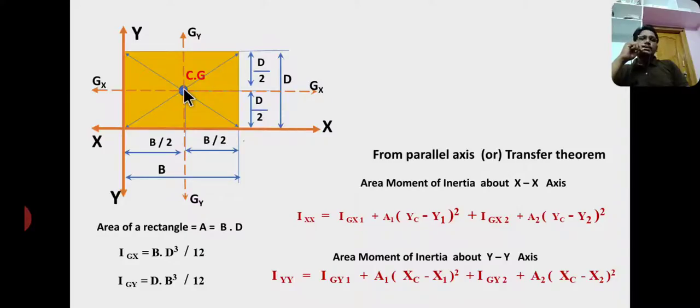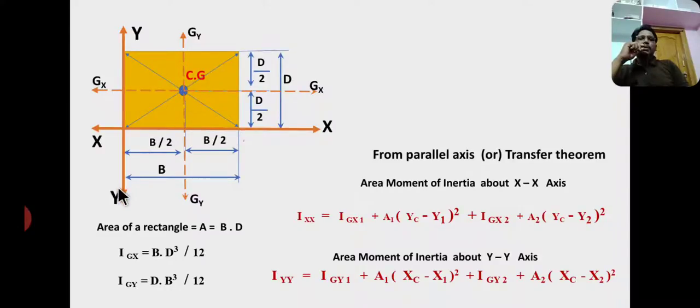This intersecting point is called the centroid, that is, center of gravity. Here Gx axis, Gy axis. Gx and Gy axes are called centroidal axes. These axes are passing through the centroid of the rectangle.